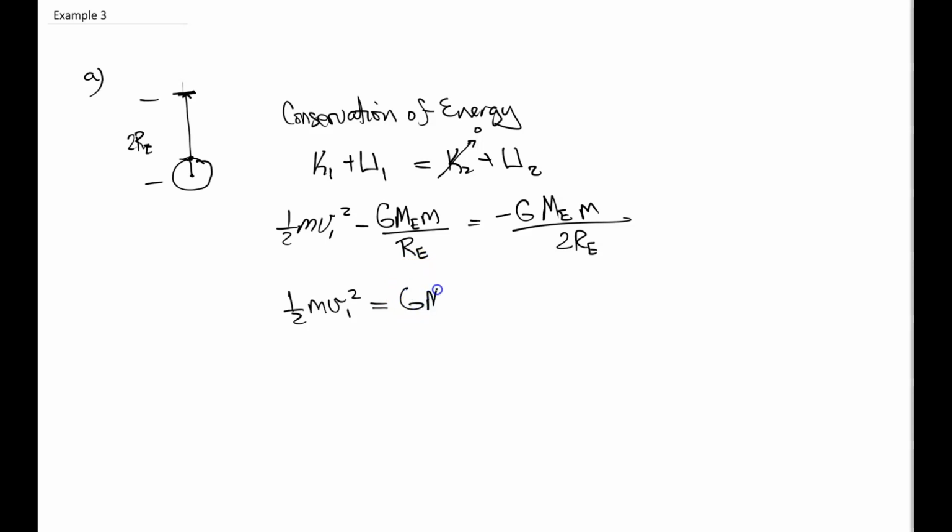G, mass of Earth, mass of object, over 2 radius of the Earth.